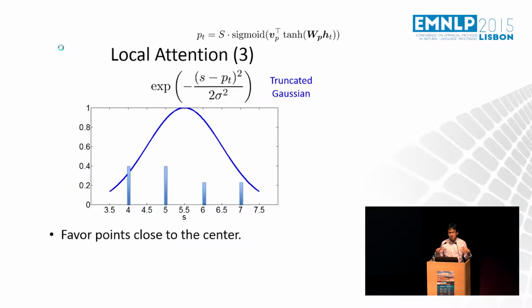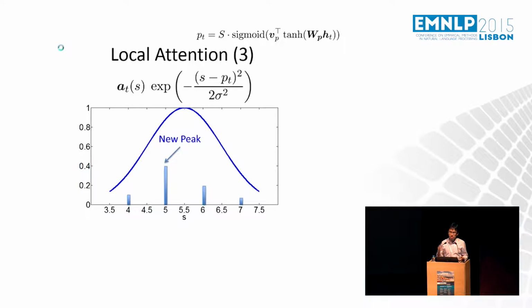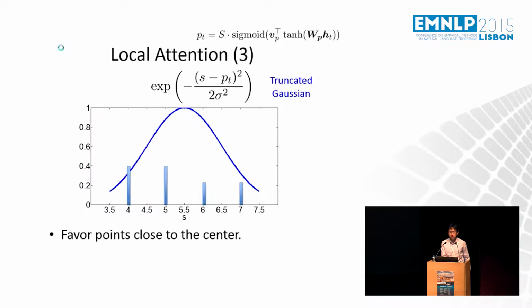We look at a truncated Gaussian centered at the aligned position. That gives us a way to favor points that are nearer to the center. So when we take the previous alignment weights and multiply with the truncated Gaussian probabilities, it sharpens the distribution. Now you see that there's only one peak, which is the aligned position at 5, which is near the center, as compared to the previous one where we have 2 peaks, 4 and 5.